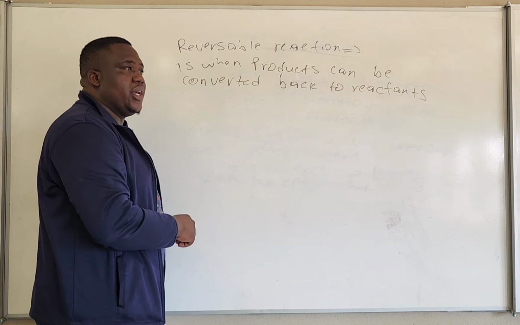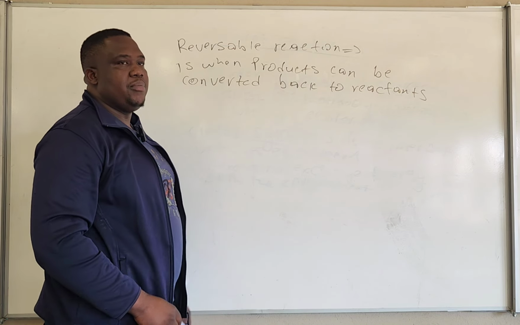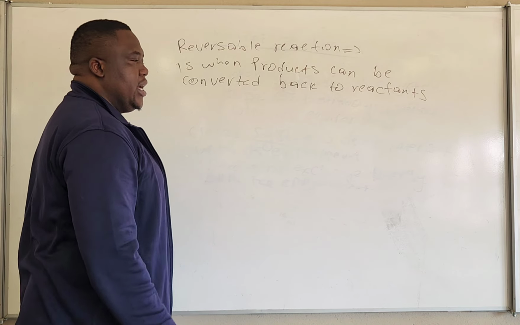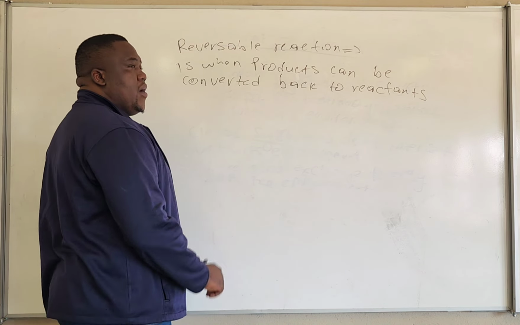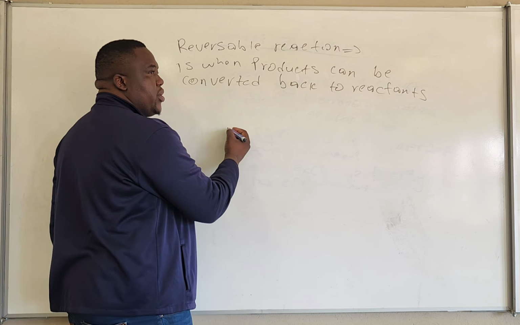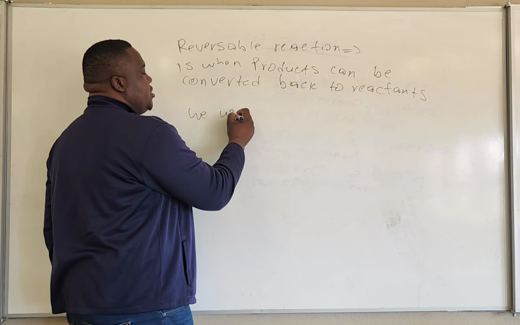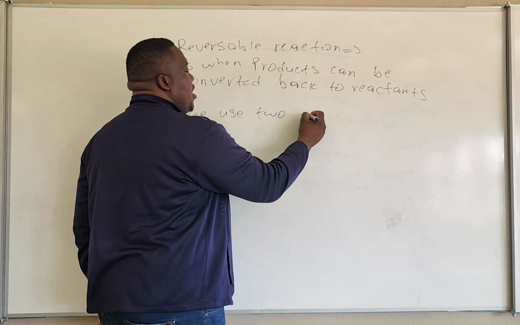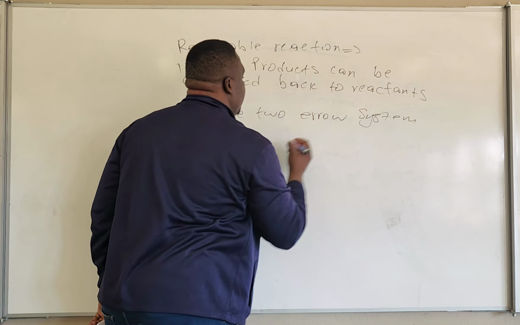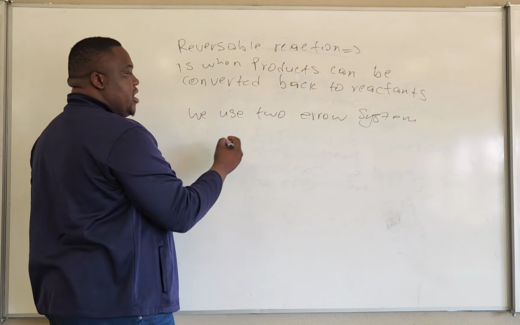What is a reversible reaction? A reaction where product can be converted back to reactants. Ladies and gentlemen, for a reversible reaction, we use the two-arrow system to represent a reversible reaction.